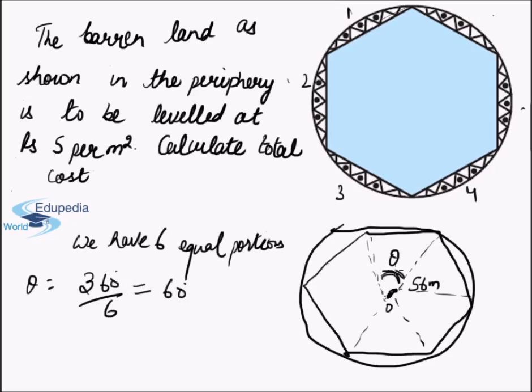Now this angle has come out to be 60 degrees. And dear friends, if we see this triangle OAB, we have AO equals BO equals 56 meters, because both are radii of the same circle.